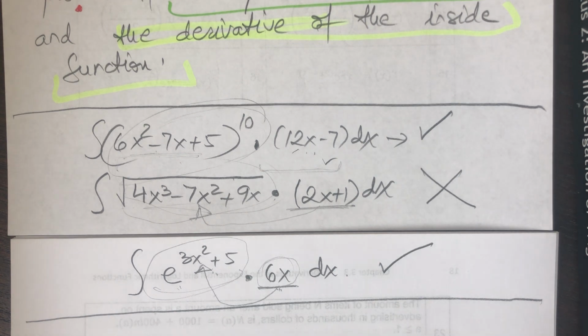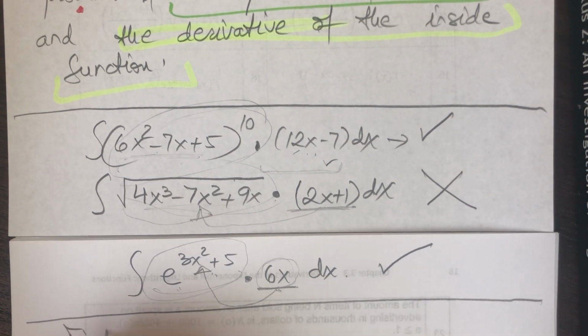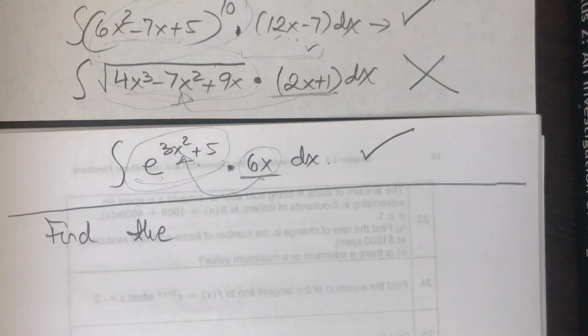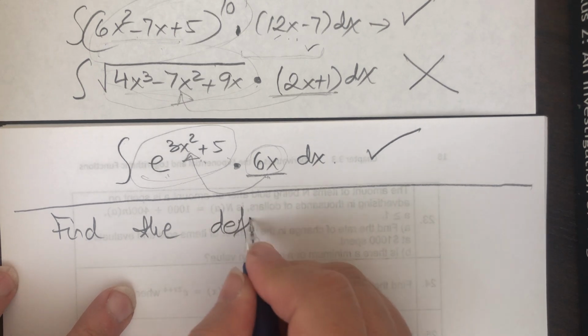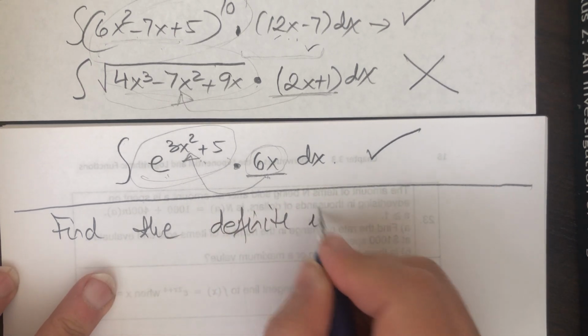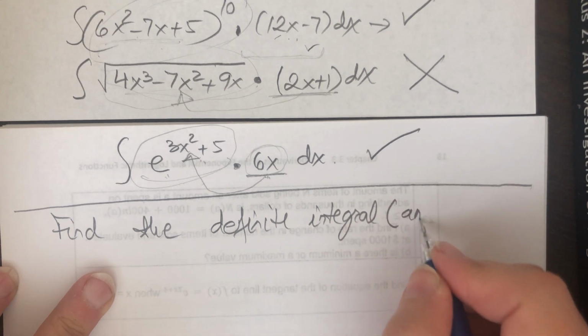Okay, so let's find the antiderivatives of these two functions. We said we can use the substitution rule on, and let's see how that works. So find the antiderivative or the definite integral. Either way, same two names.